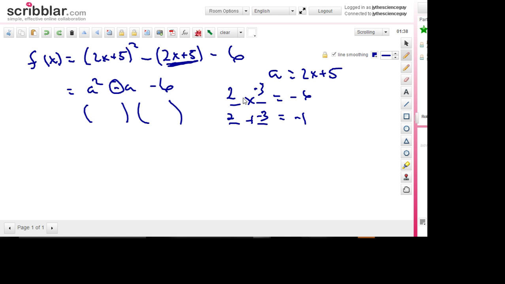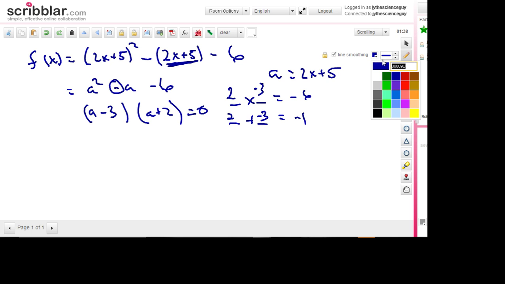Okay, so now that I have this, I'm going to say that this is a minus 3 and a plus 2, and that's equal to 0. Now I'm going to take this and substitute it in for a in both places. So I'll draw an arrow in a different color.